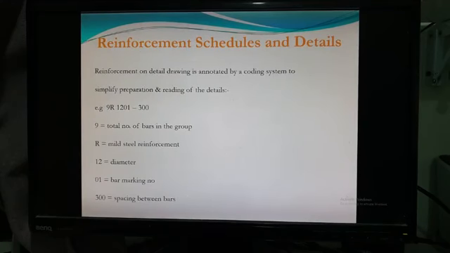At 300 means that the distance between those bars is 300 mm, center to center. So what it's saying here is we have 12 mm diameter steel reinforcement bars, and we are referring to bar number 1. The distance between those bars is 300 millimeters.